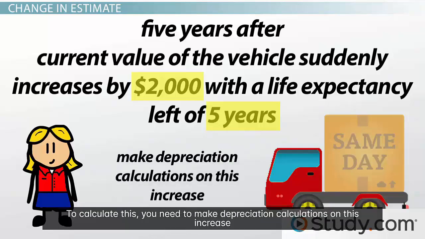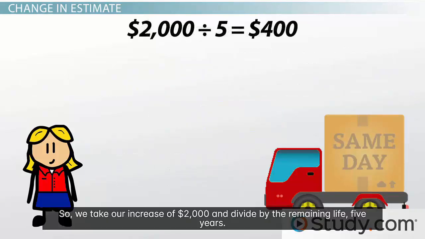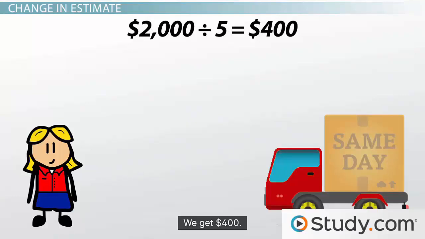To calculate this, you need to make depreciation calculations on this increase and then add it, since it's an increase, to the depreciation that you've already calculated. So we take our increase of $2,000 and divide it by the remaining life, 5 years. We get $400.